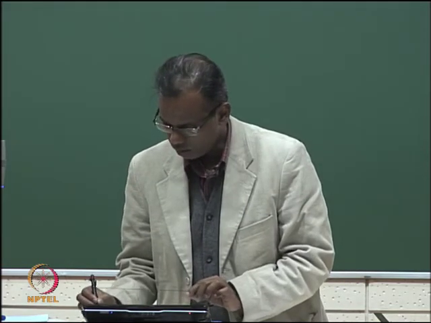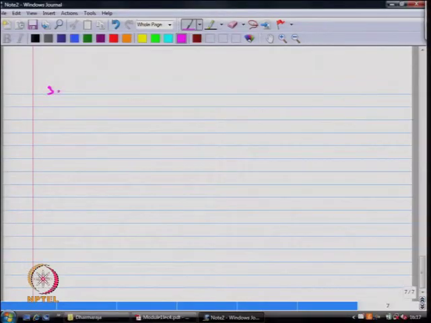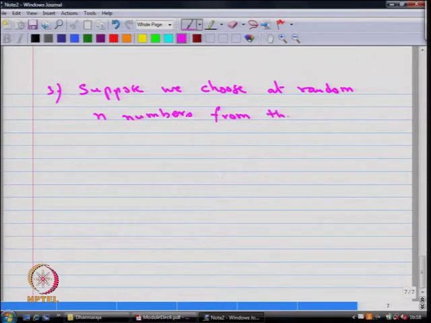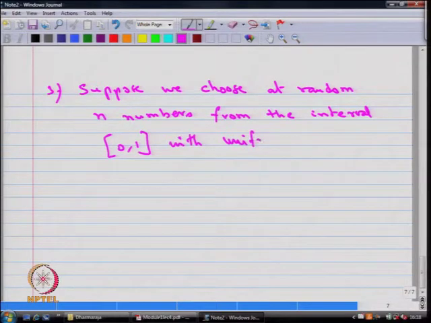Next, I will move into the third example. Suppose we choose at random n numbers from the interval 0 to 1 with the uniform distribution.